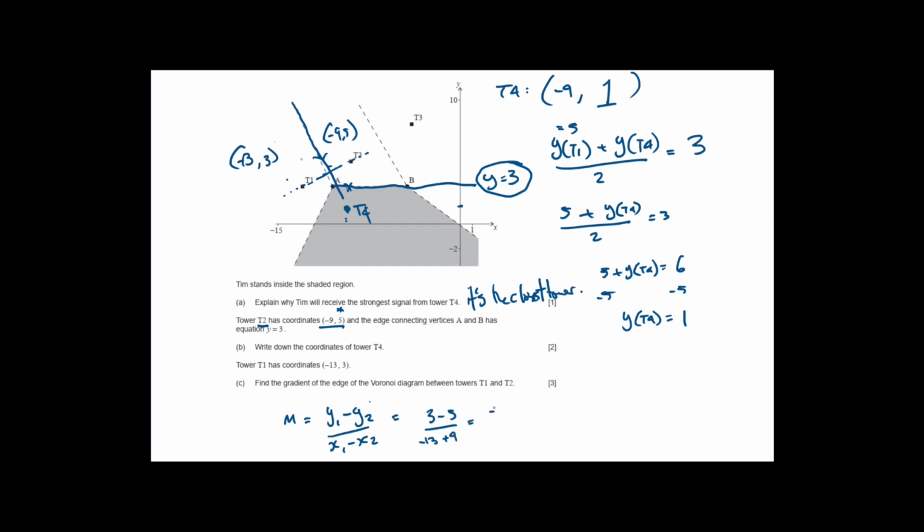So that's going to be minus 2 over minus 4. So that's going to be half. So this line here has got the gradient half. But we know that the gradient of the perpendicular is going to be minus 1 over m. So the gradient of the perpendicular, which is the one we're looking for, is going to be minus 2 over 1. We swap it and then make it negative. So that's our answer there.